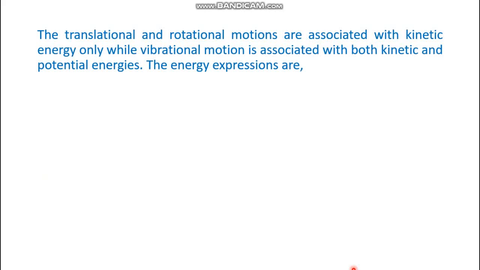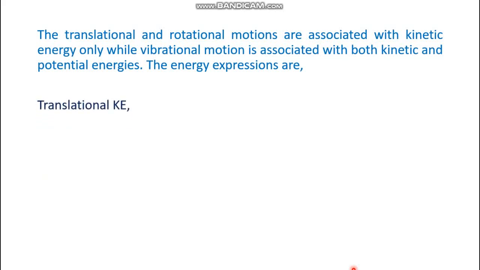The translational and rotational motions are associated with kinetic energy only, but vibrational motion has both kinetic energy as well as potential energy. Therefore, vibrational energy should be multiplied by 2.